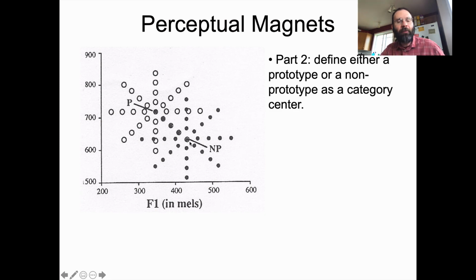Then they had part two of this study, which is also plotted in a mathematically normal way, with the origin of the formant graph here rather than up in the upper right. They told listeners, we're going to give you a specific vowel token, and that's going to be your vowel category center.